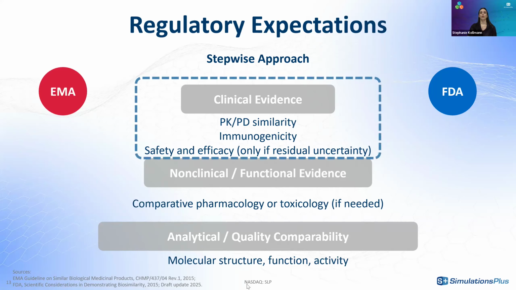And now we are moving into the clinical stage, where the goal is to confirm PK-PD similarity and rule out any clinically meaningful differences. To do that, we need to design a biosimilarity study. Specifically, we need to decide on the appropriate dose level and the number of subjects required to confidently demonstrate similarity.